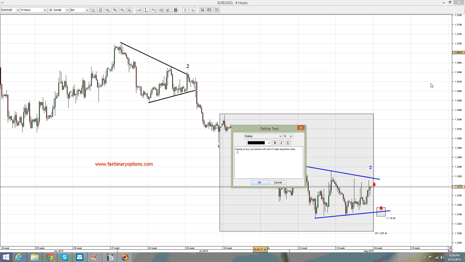First of all, at the opening on Monday, and when the B2D trend line is broken. The B2D trend line basically being the blue line that you see to the downside there.